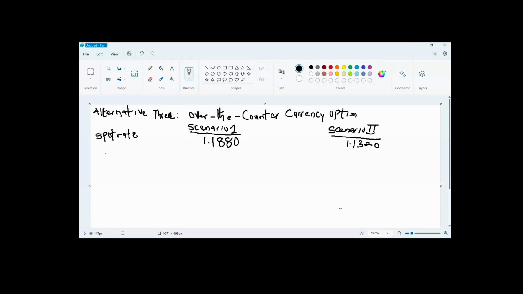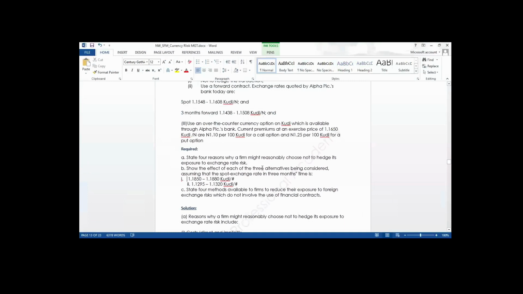We now come to the option exercise rate. Let's go to the question. Now look at option 3, alternative 3. Use an over-the-counter currency option on Kudi, which is available through the Alpha PSC Bank.